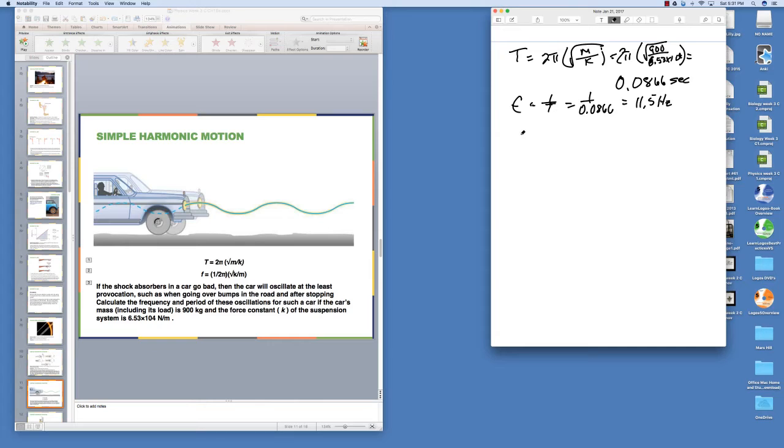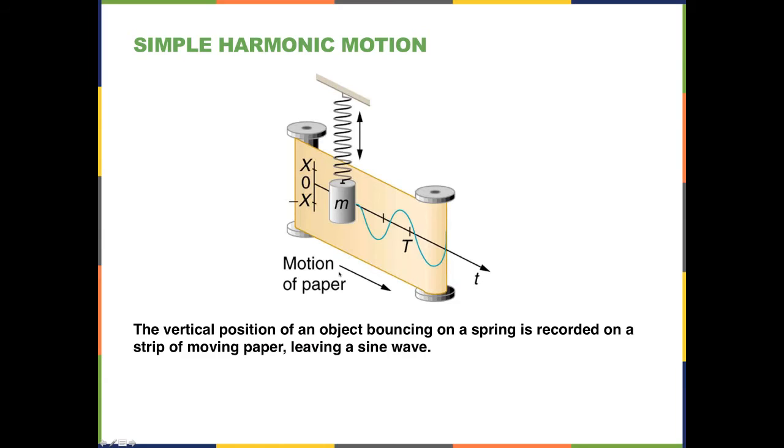A hertz is an oscillation per second. So in this situation, all you have to do is do this calculation first and then take 1 over that, and that gives you the second number. Here we have a paper that's used to look at a harmonic motion.